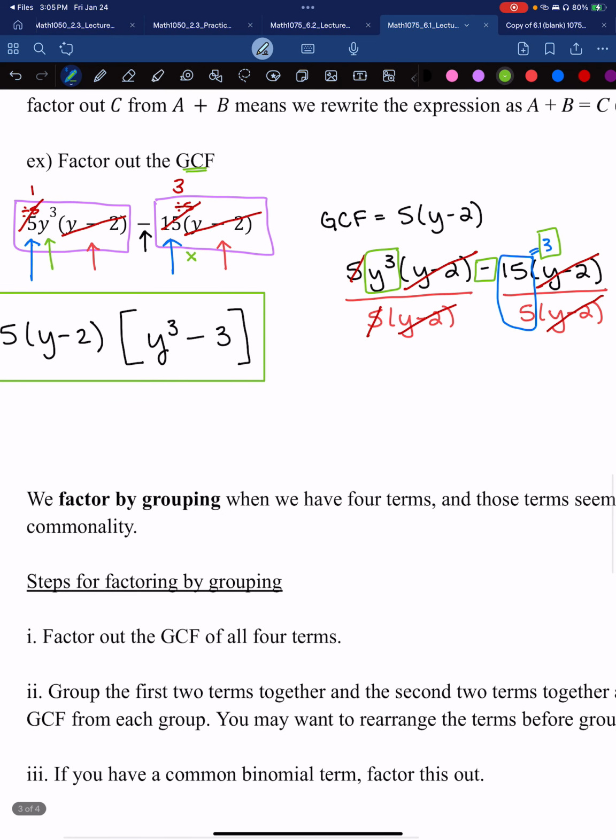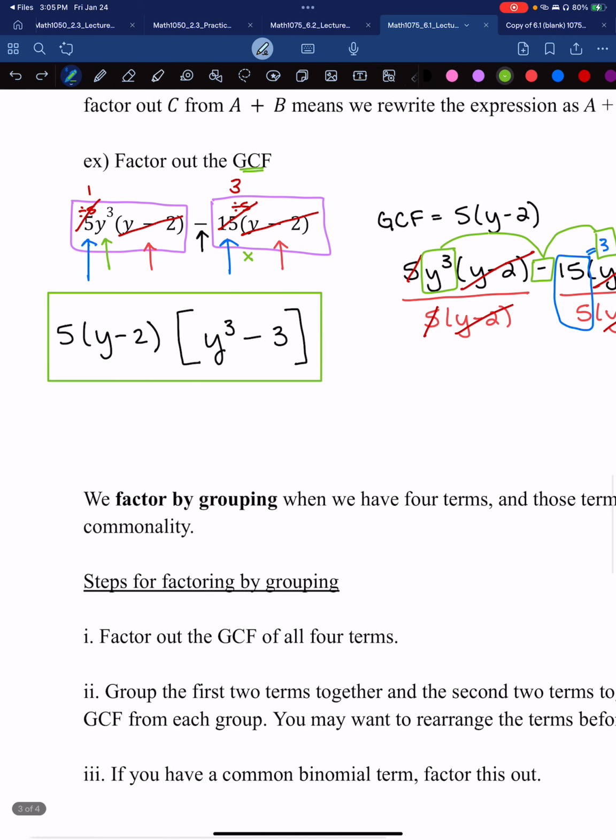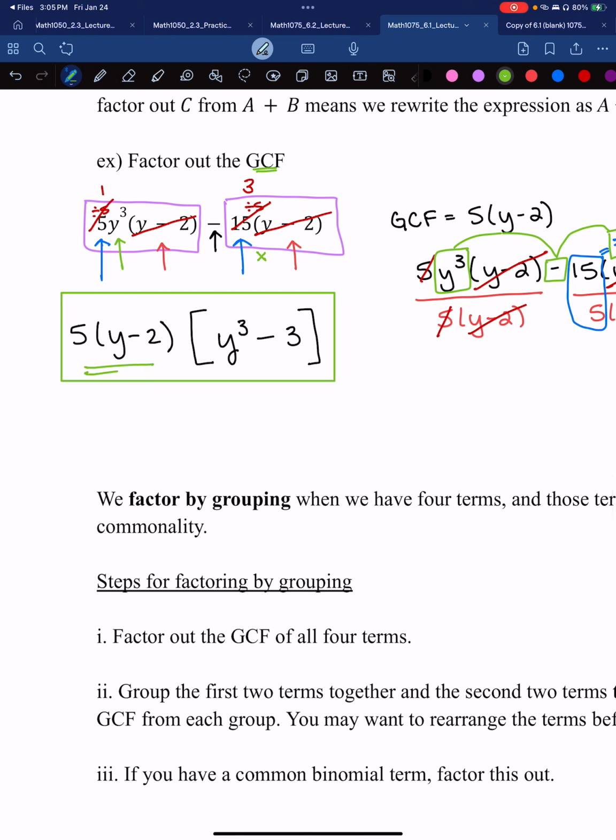So this y cubed minus 3 is what was left when we divided out the greatest common factor. So that's why it's here. And then the greatest common factor is outside of that.